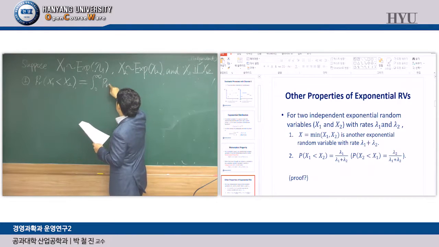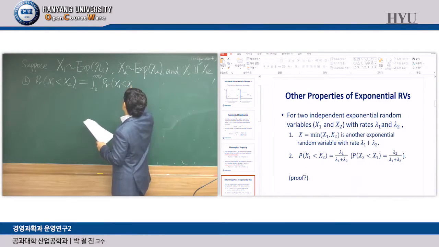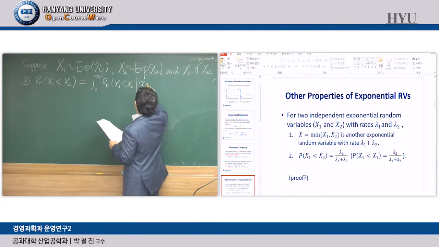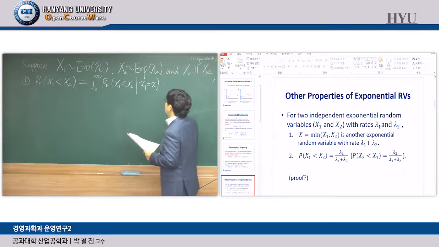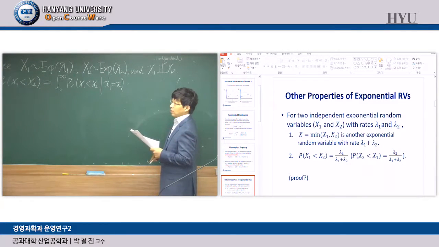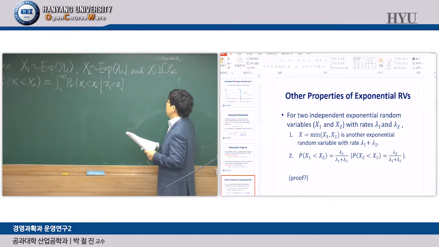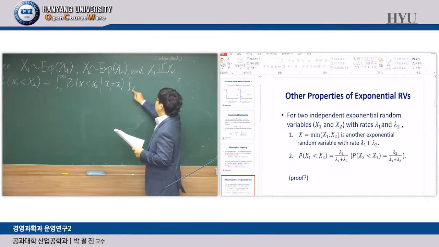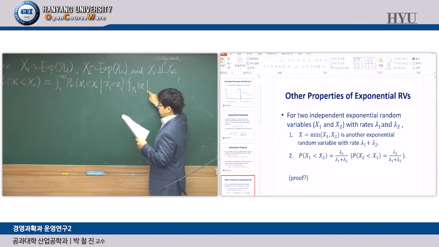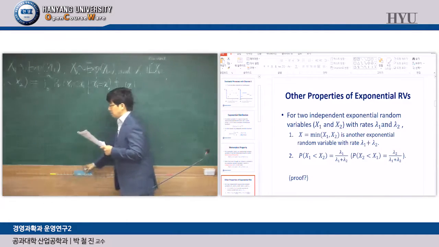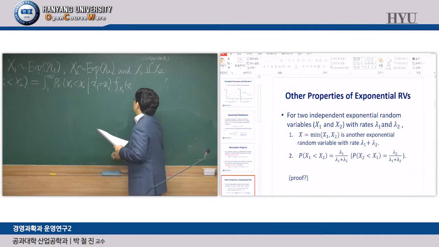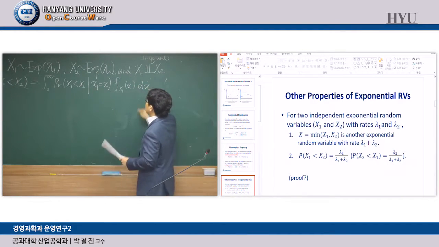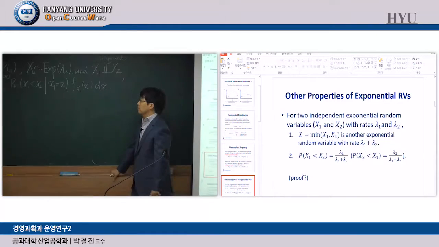The probability that large X1 is greater than large X2, given that large X1 is x, and then we need to multiply this by the PDF of X1, dx. Okay, so based on the law of total probability, the left-hand side is the same as the right-hand side.